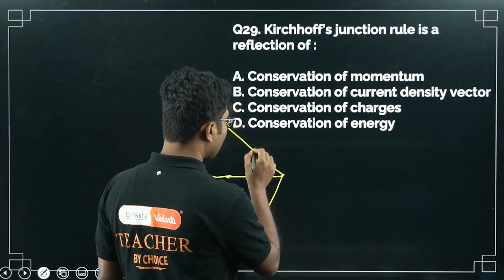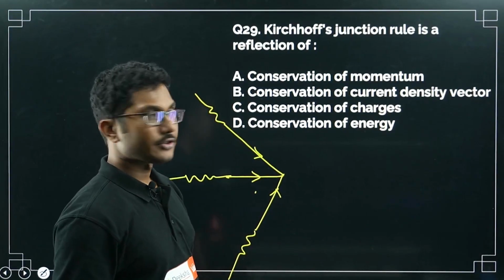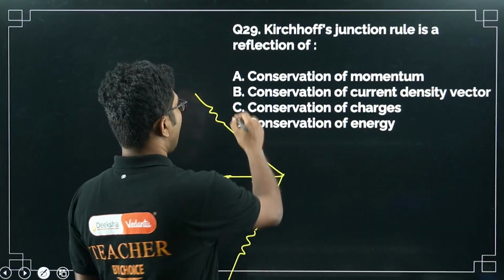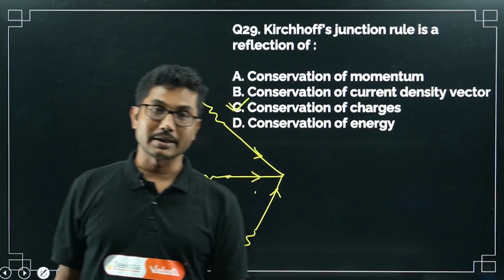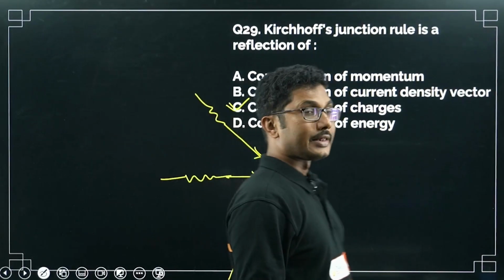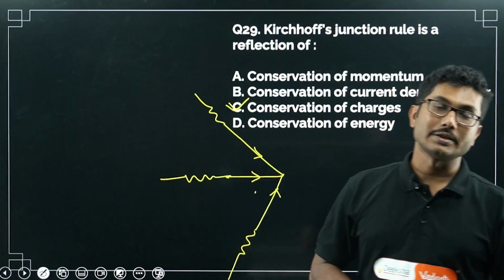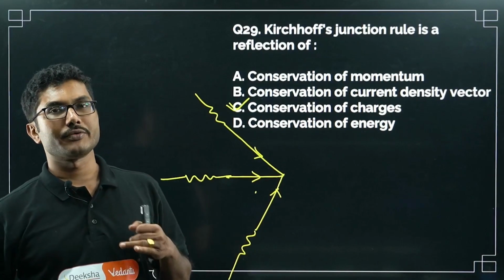So Kirchhoff's current law or junction rule talks about the conservation of charges. Kirchhoff's voltage law, or the loop rule given in your book, talks about the conservation of energy. These are basically two conservation laws.